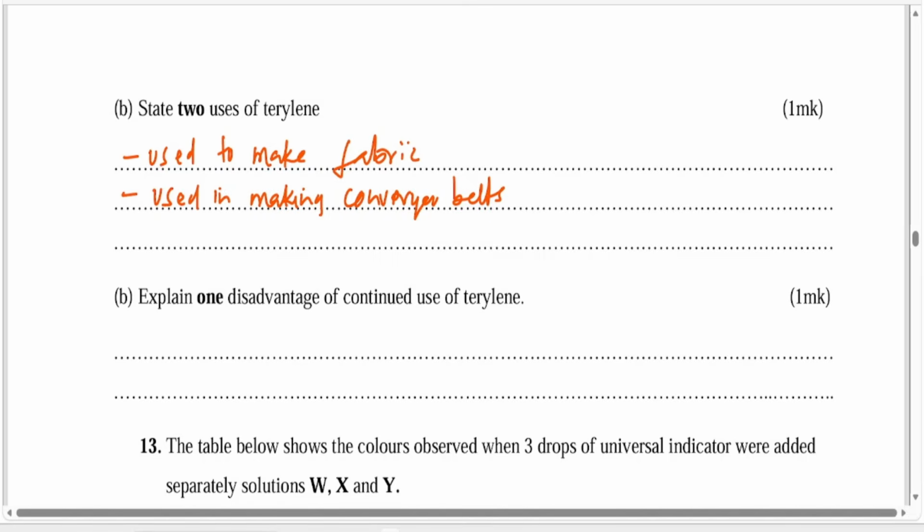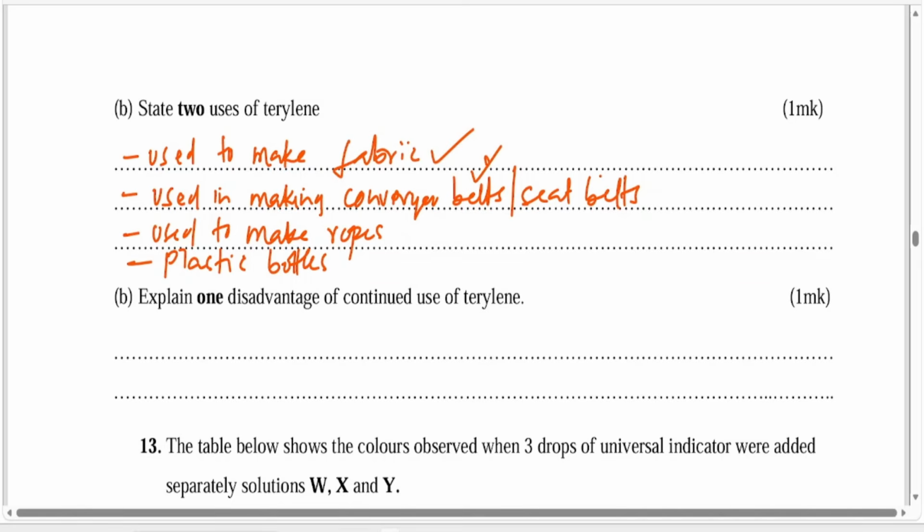Also seat belts. It can also be used to make ropes, fishing nets. Can also be used to make plastic bottles, electric cables, wires, and insulators. So any two, one mark each.